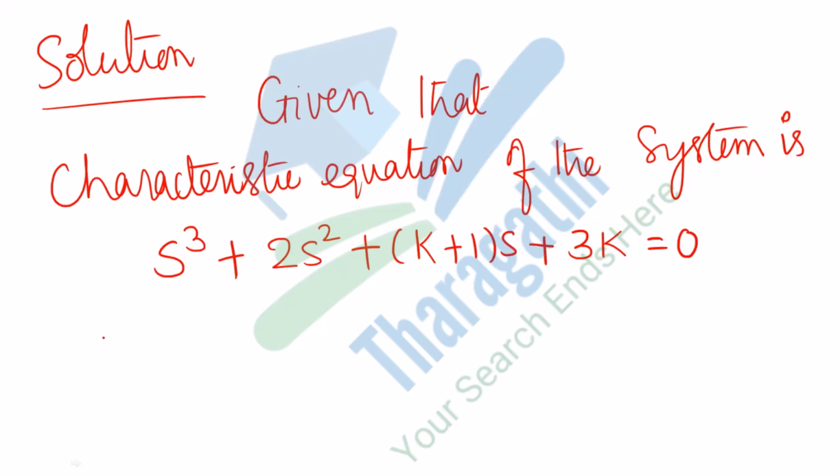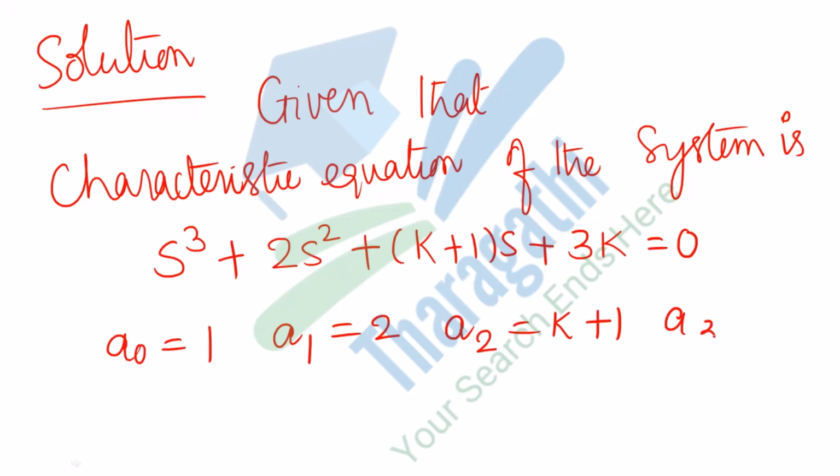You find the coefficients of the characteristic equation. A0 is equal to 1, A1 is equal to 2, A2 is equal to k plus 1, and A3 is equal to 3k.